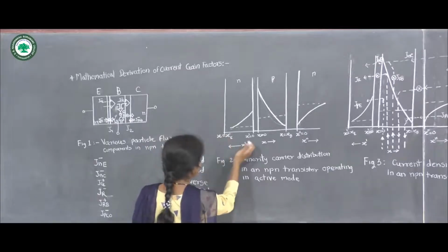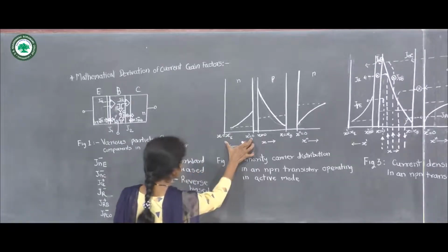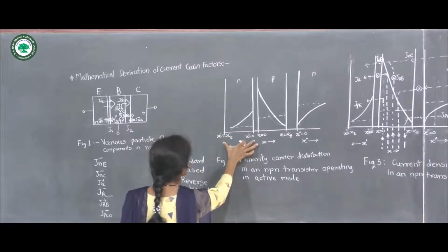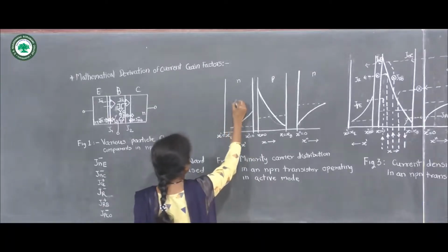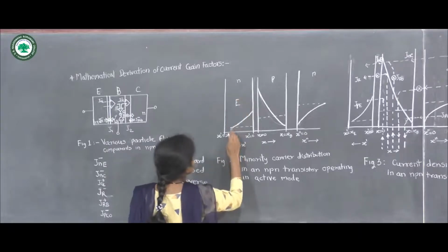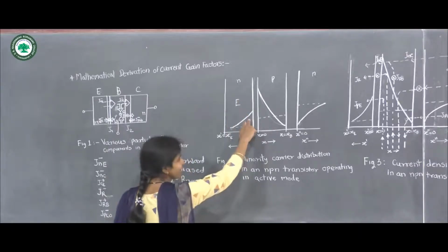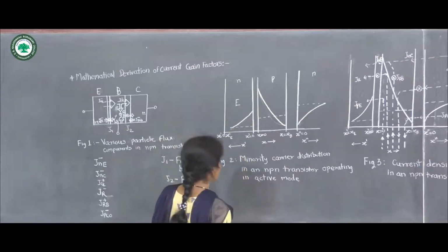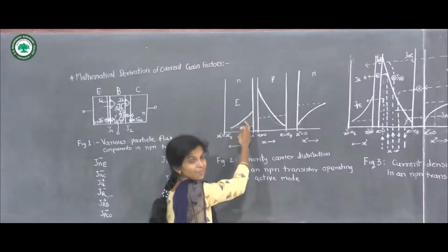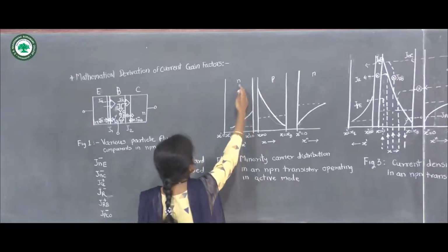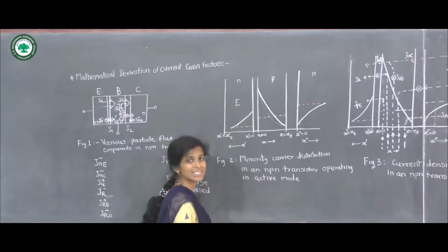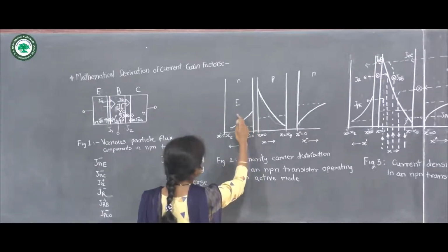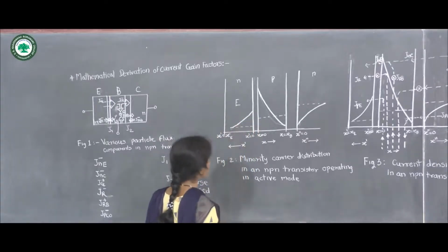The region from x dash equal to 0 to x dash equal to xe dash is the emitter of the transistor, and this curve shows the minority carrier distribution in the emitter, that is the distribution of holes, because the emitter is of n type and the minority carriers are holes. So this is the distribution of holes in the n region or emitter.